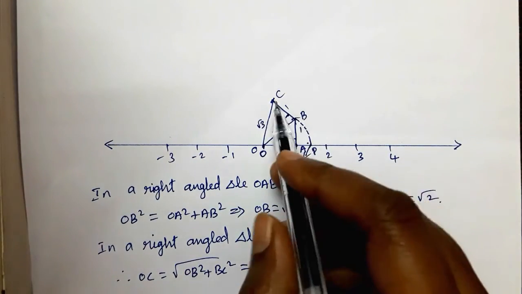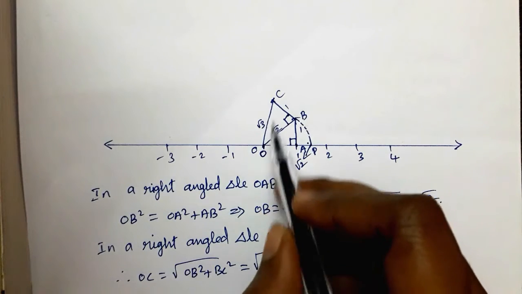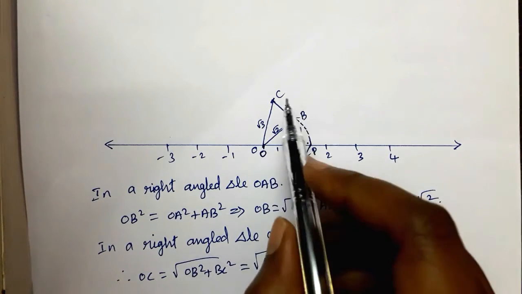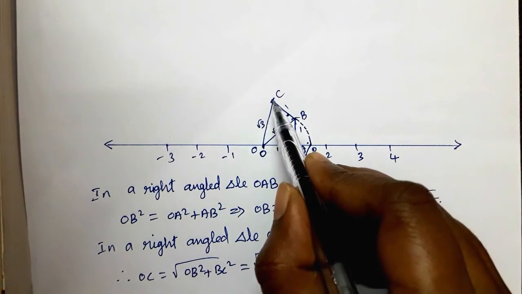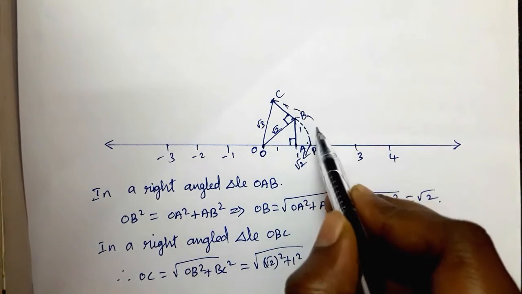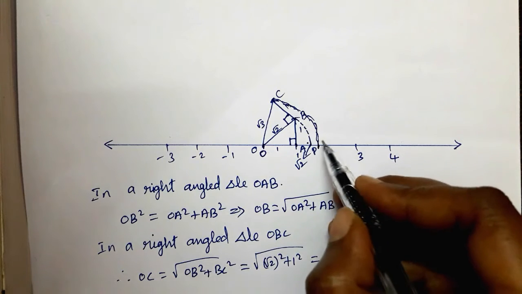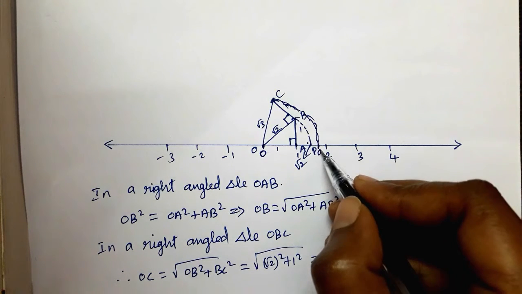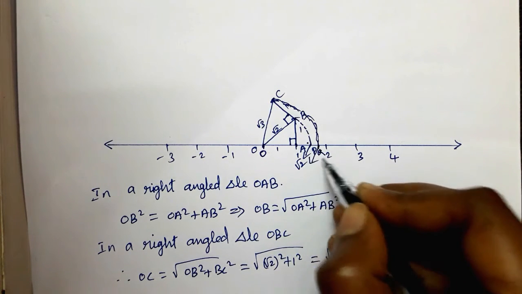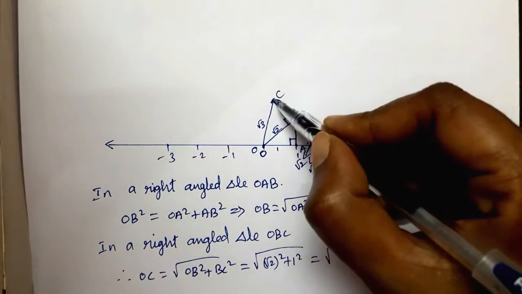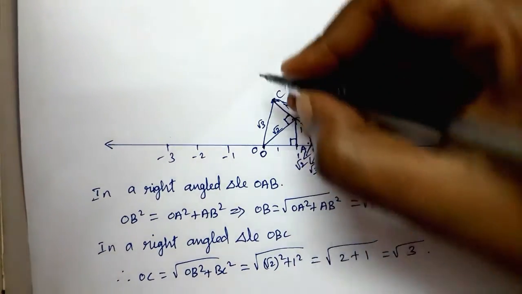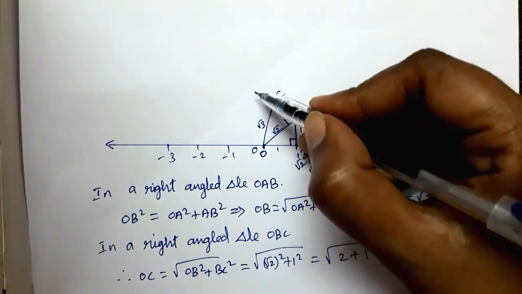Now with O as the center and OC as the radius, draw an arc which intersects the number line. Now this point is named Q, and it is root 3. Again draw a perpendicular line.